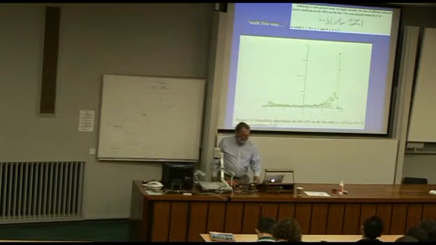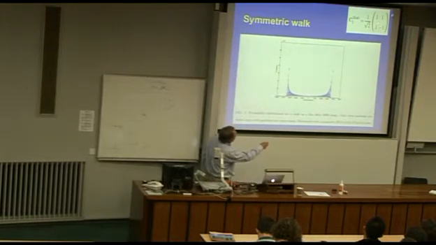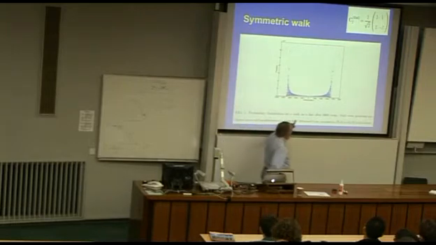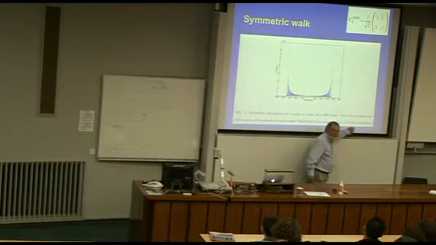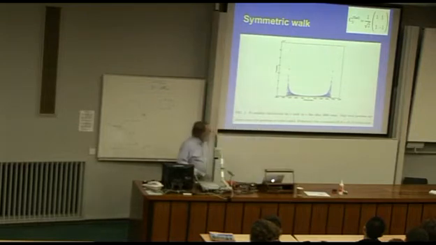If I had a Hadamard which is symmetric like that, and I chose an initial state of the coin in a superposition, so I start with a superposition, what do I find?